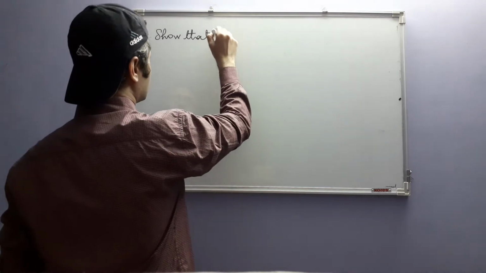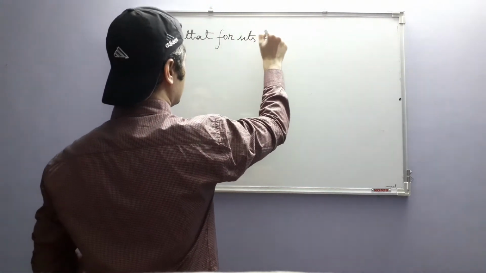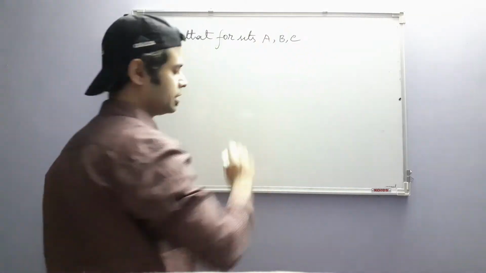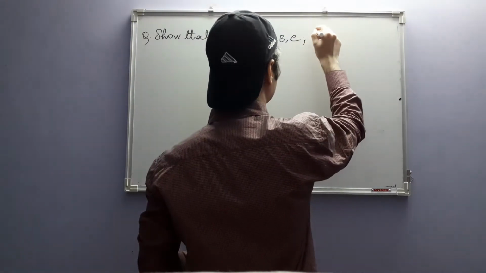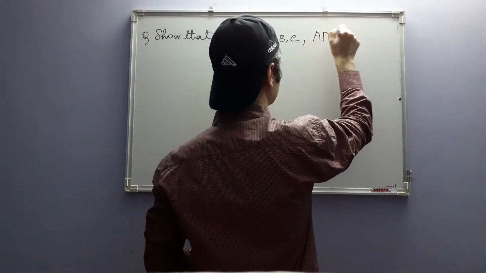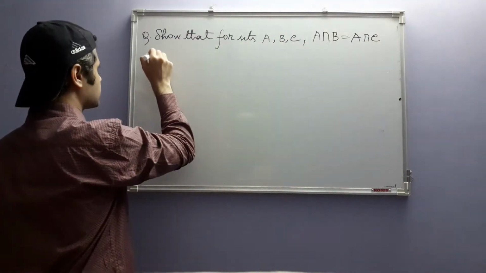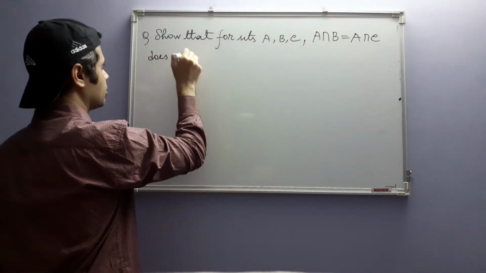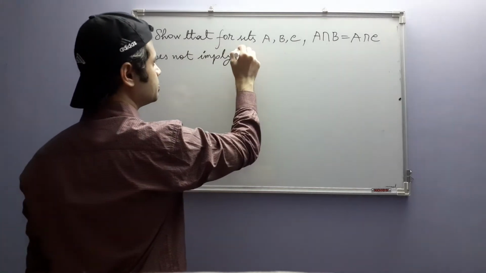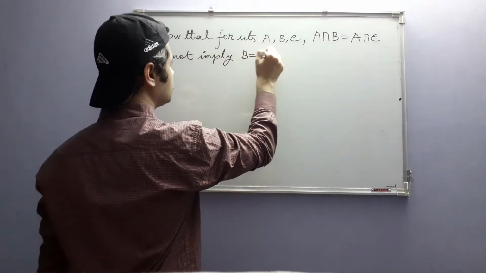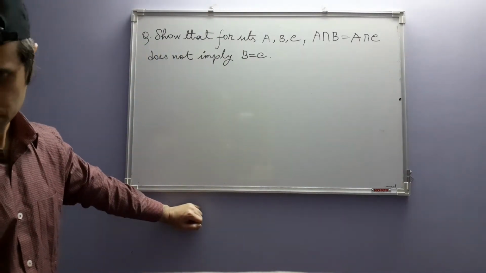Show that for sets A, B, C, A intersection B equal to A intersection C does not imply B is equal to C. Okay, so this we have to show.